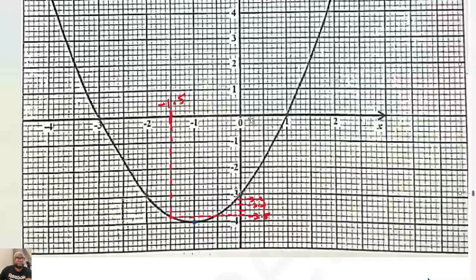What are the values of x on the graph for which y is 0? The values of x on the curve, right? We're not concerned about the other points. We're just concerned about the points that line up with negative 3 and 1.